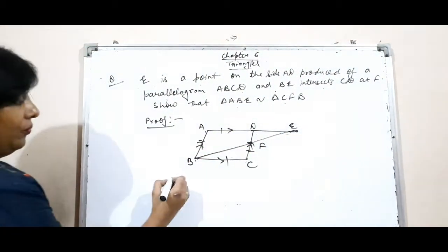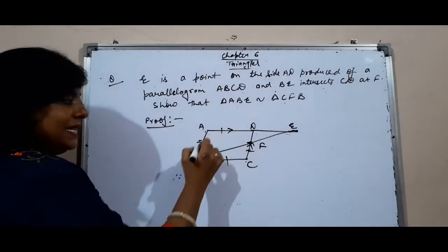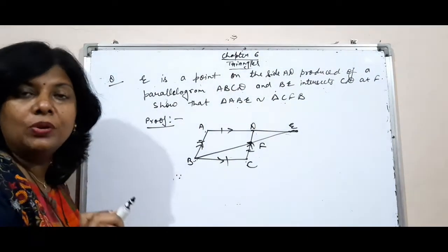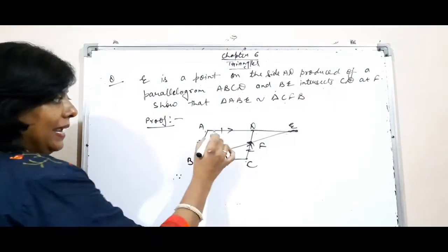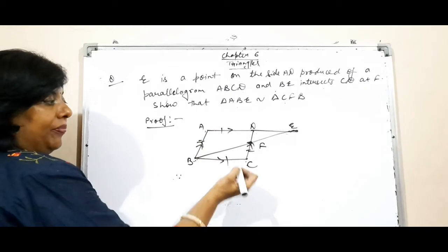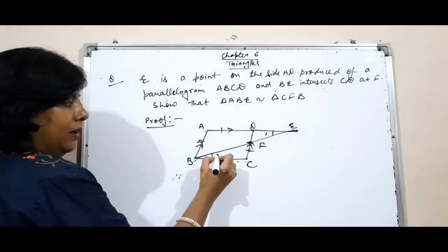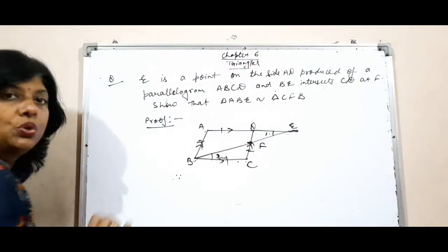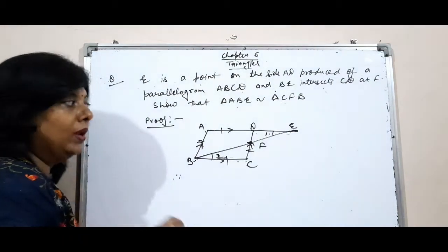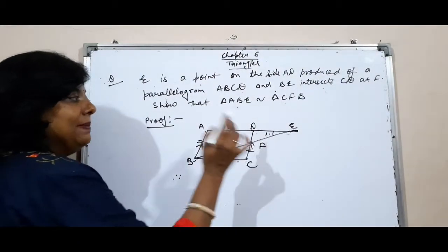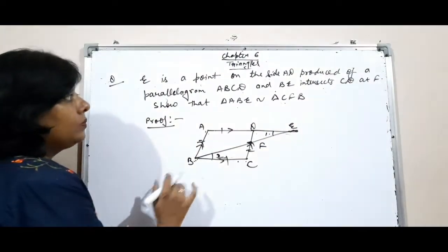How will you prove? Because ABCD is a parallelogram, so its opposite angles are equal. Okay, angle A equals to angle C, and because it is a parallelogram and these two lines are parallel, therefore angle 1 equals to angle 2. Alternate interior angles are equal. So by AA similarity, both the triangles are similar to each other.